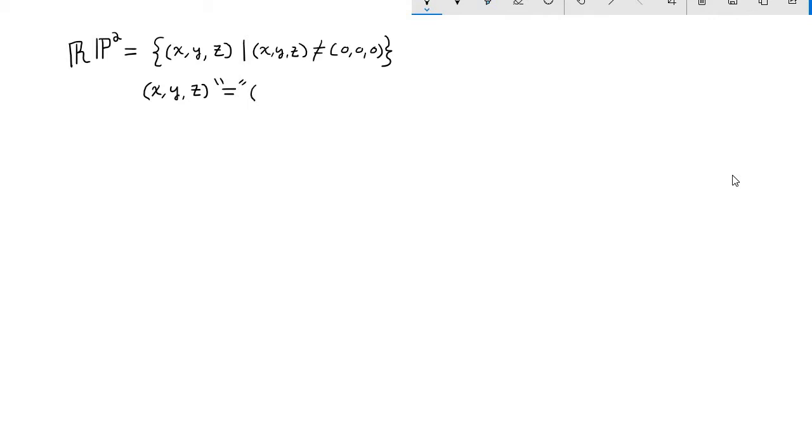So it is the same as the triple lambda x, lambda y, lambda z, where I'm letting lambda be any real number. This little weird e thing just says that lambda is in the real numbers, and I want lambda to not be equal to 0. So this is kind of a weird thing.